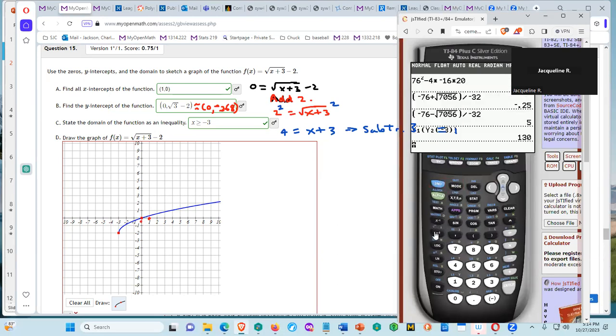And that's how you know where to put the point.